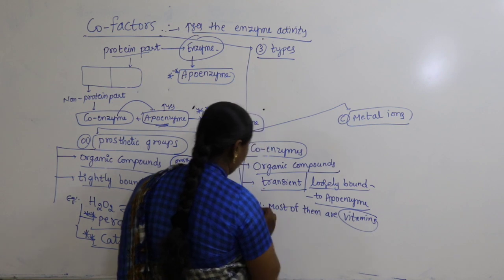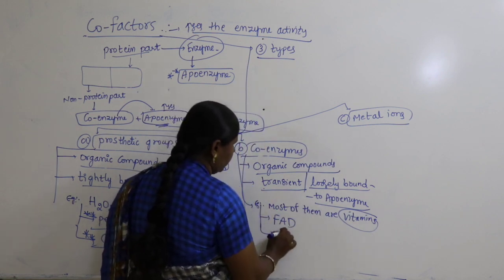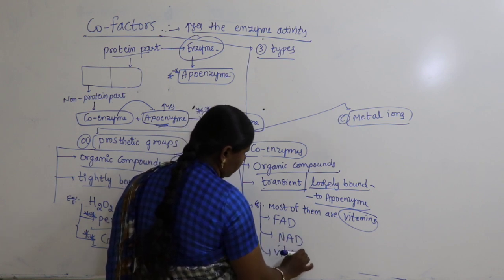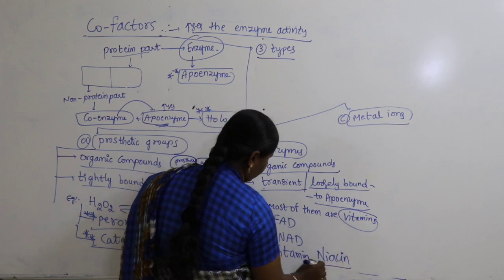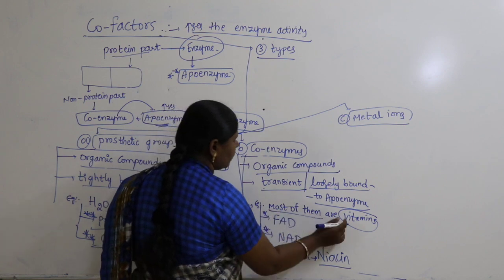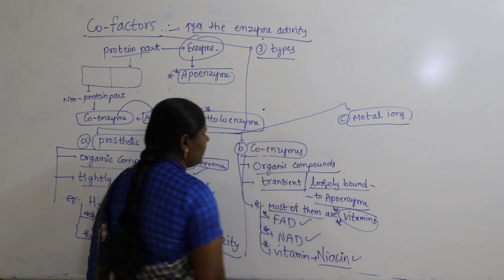For example, FAD, NAD, the vitamin niacin, all of these come. Most of them are vitamins: FAD, NAD and niacin.